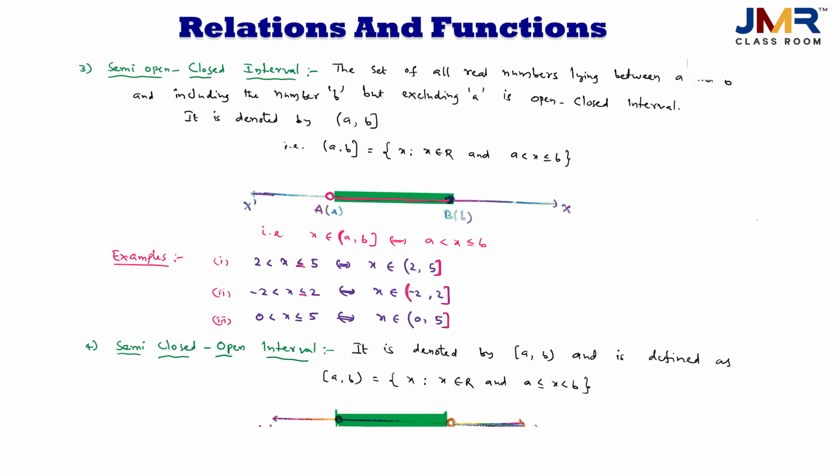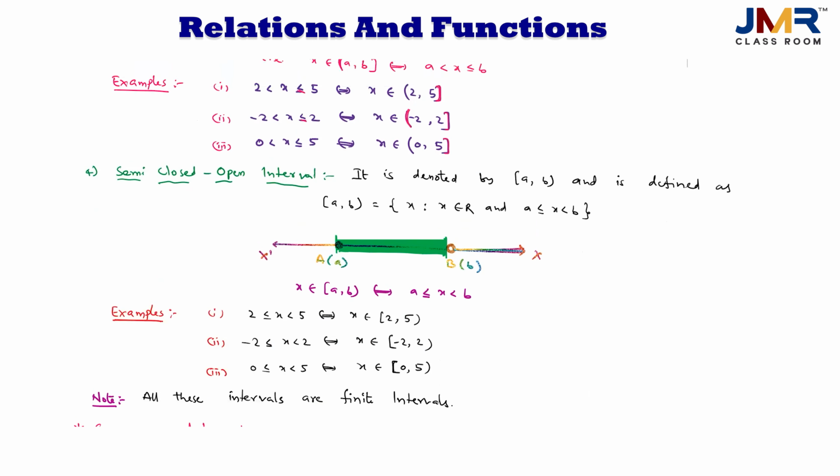Same way, semi-closed and open: left side closed and right side open. See here, this value is included. A darkened bubble means the value is included, and an open bubble means that particular value is excluded. That is one notation only.